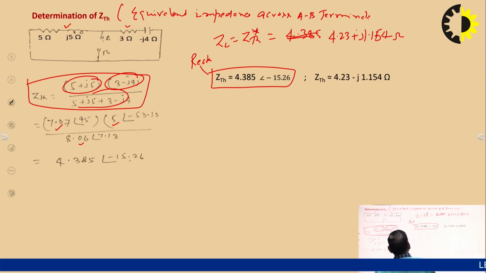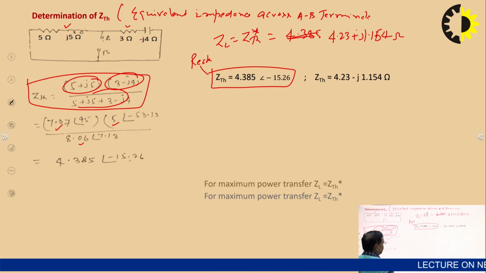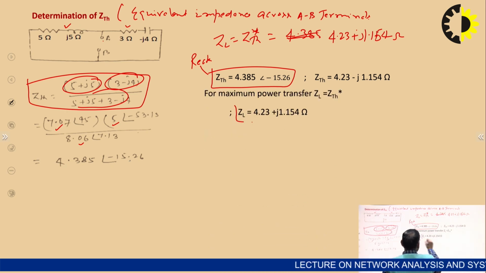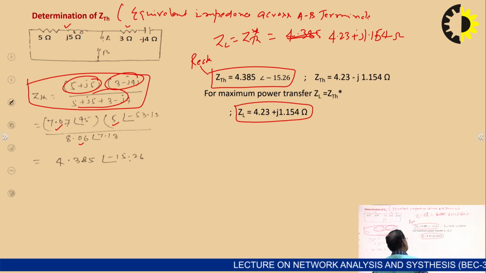So ZL is the complex conjugate of ZTH. So this is your ZL.